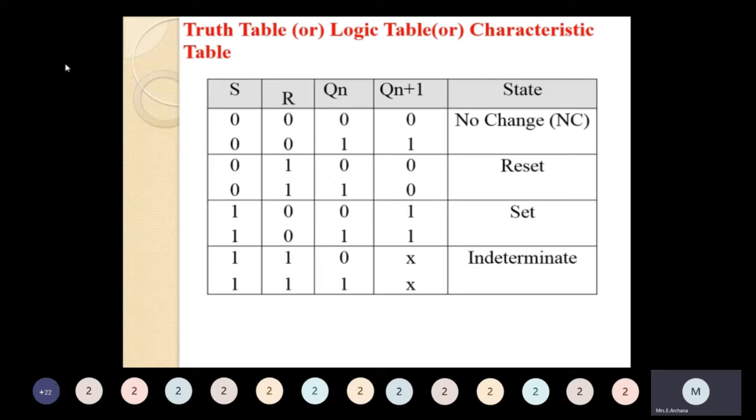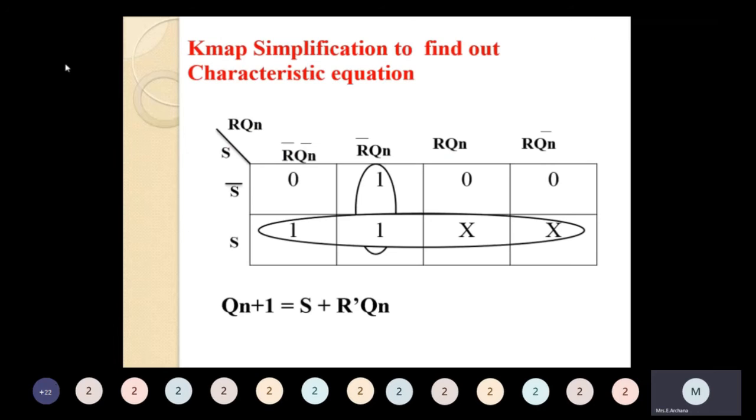When my inputs are 1, 0, whether the present state is 0 or 1, my next state will be in a set condition, that is 1, 1. In the case of S and R inputs both 1, whether the present state is 0 or 1, the next state will be an indeterminate state.